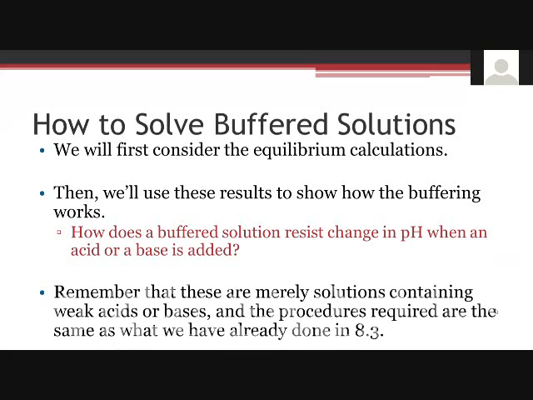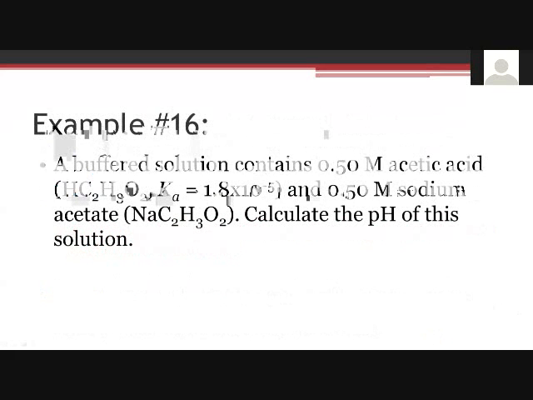The procedure to solve them is similar to what we have been doing since section 8.3, where we will have our Ka expressions and our equilibrium expressions. But the salt concentration will give you a value for the initial in your ICE chart instead of 0.